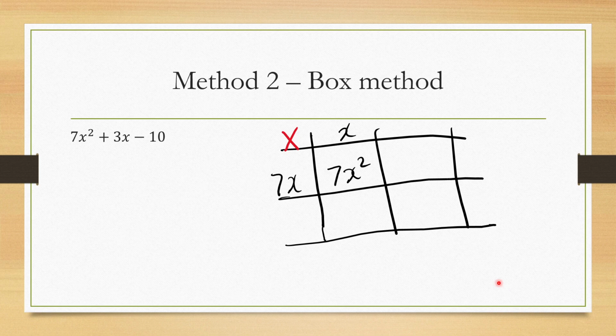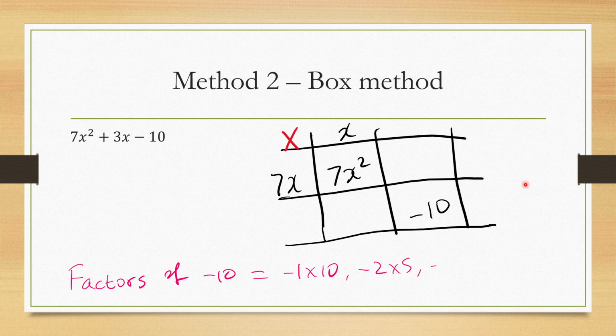Now, we know the first is going to be 7x squared. Then we know one is going to be minus 10. So we're going to find the factors of minus 10, which are minus 1 times 10, minus 2 times 5, minus 5 times 2, and 1 times minus 10.